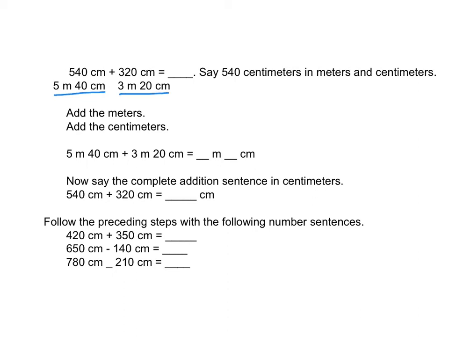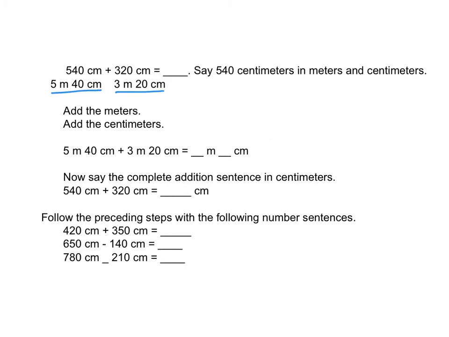If we wanted to add that together, the first thing that we're going to do is add our meters. So that is going to be 5 meters plus 3 meters, and that equals, in your head, you should already know, 8 meters. Now let's add our centimeters. We have 40 centimeters plus 20 centimeters, and that is equal to 60 centimeters.